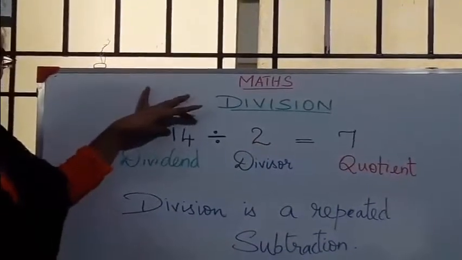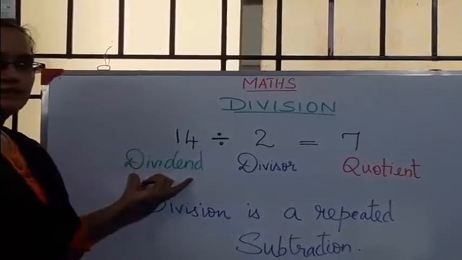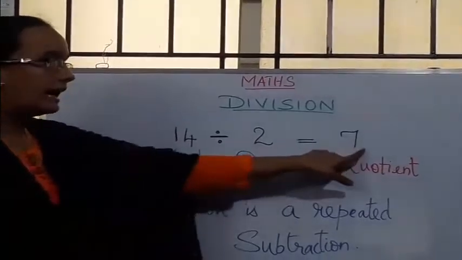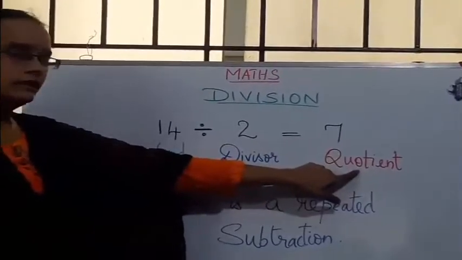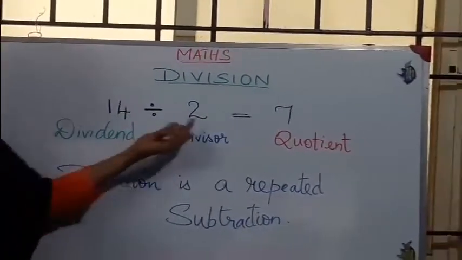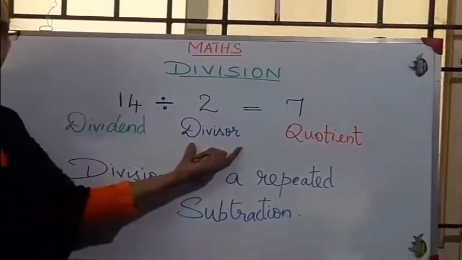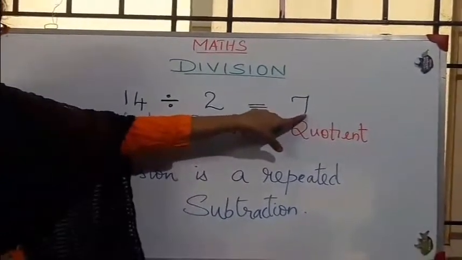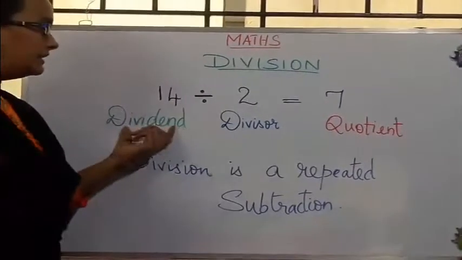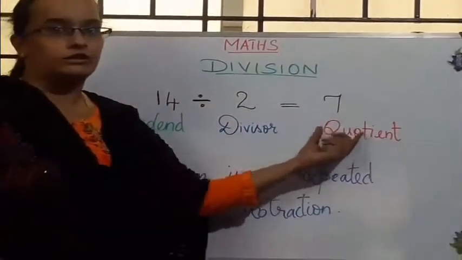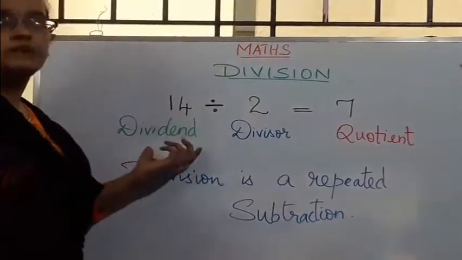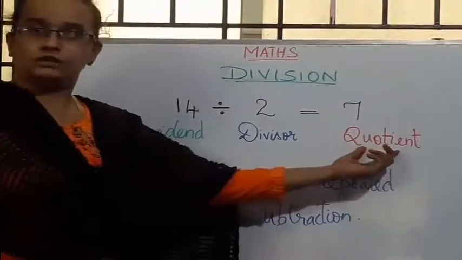So the number that is to be divided is called dividend, the number that divides is called divisor, and the answer you get is called quotient. So you have to know the terms dividend, divisor and quotient. Always remember, dividend is bigger than divisor and quotient. Okay children?